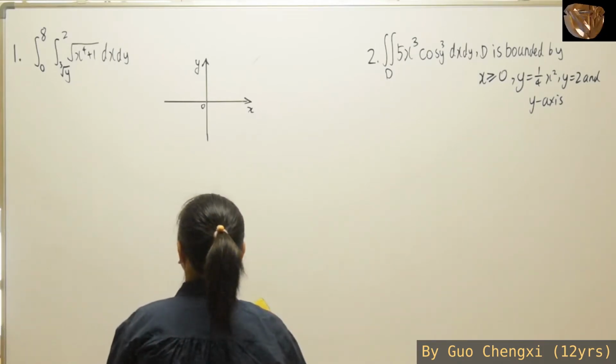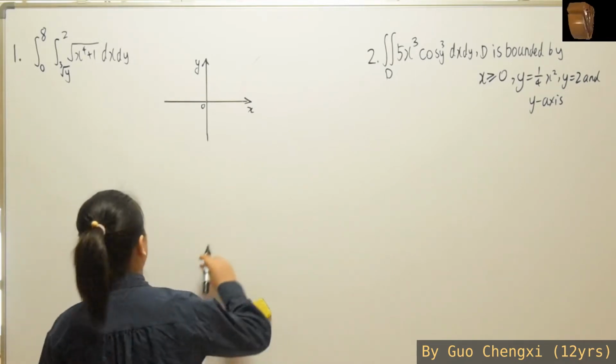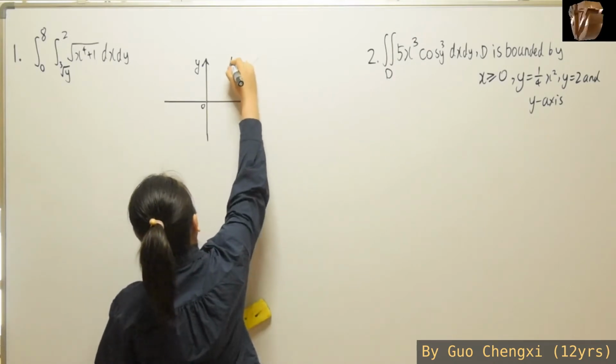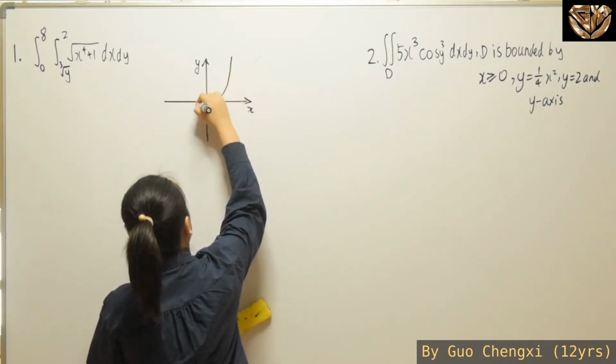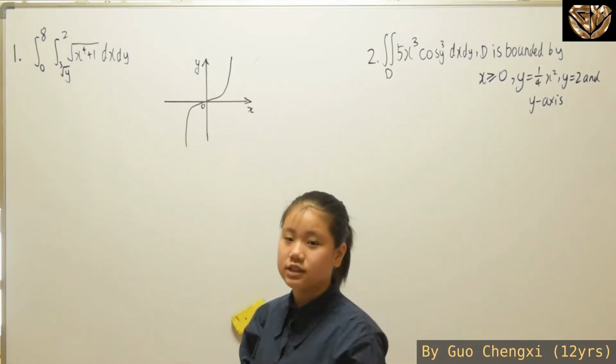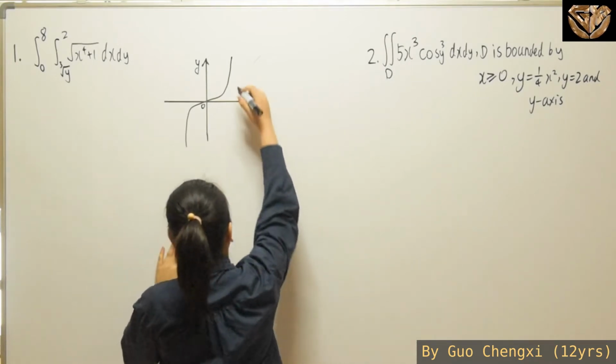Over here, what will it be? I mean cubic root y. This is for x is equal to cubic root y, and then x is equal to 2.